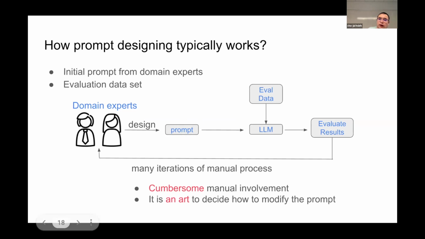There's also another problem: companies like Google, OpenAI or Facebook release a new LLM every half year or every 1 year. Whenever there's a new LLM, you might need to refine your prompt based on the new LLM, which is a very hard task.